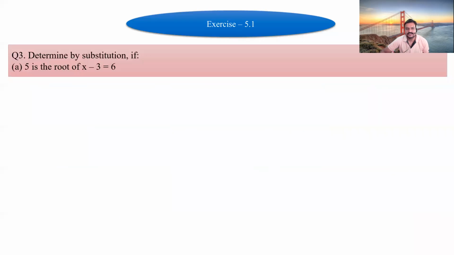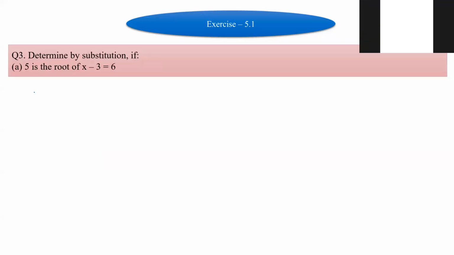First, determine by substitution if 5 is the root of x minus 3 is equal to 6. Speak, Yatharth. Yes, sir. Sir, 5 is the root of x minus 3 equals to 6. Sir, we have to write x to the power 5.